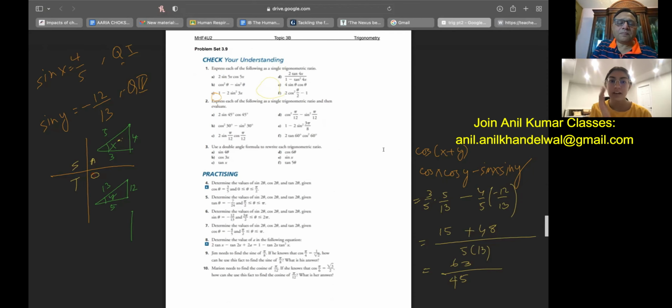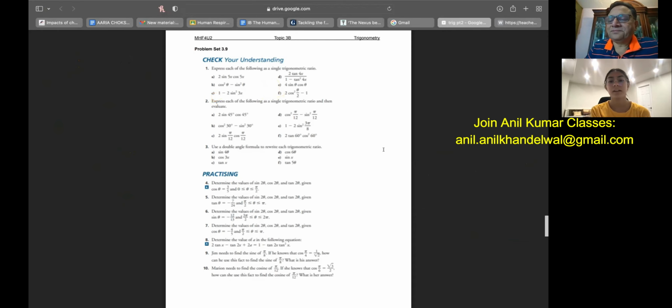So it's like 2 sine 5x cos 5x. Our formula was sine 2 theta equals 2 sine theta cos theta. So then you know that your theta value has to be doubled.